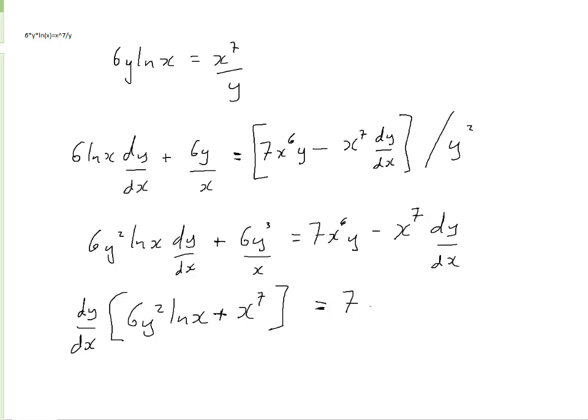So this is 7x to the power 6 y minus 6y cubed over x. Yeah, I think then at this stage, maybe to make it more tidy, so I can fit it in, I would also multiply by x.